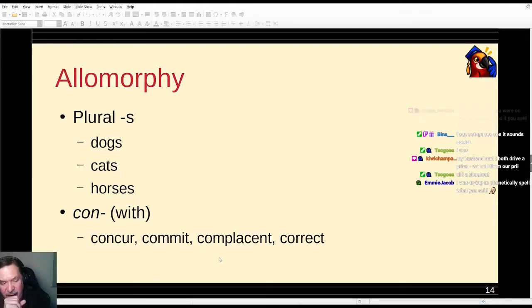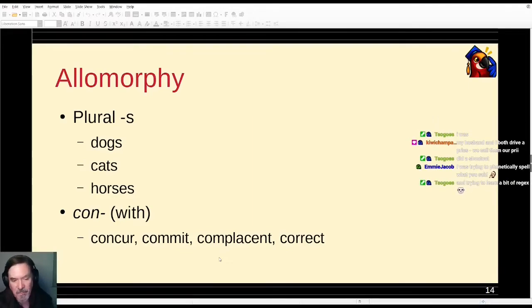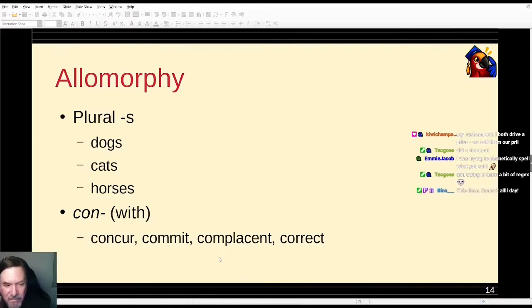Here's another example of allomorphy, and that is the prefix con, which means with. This changes form depending on the next letter that comes after it.